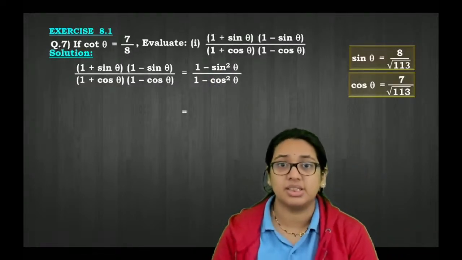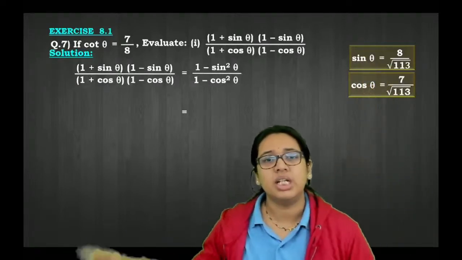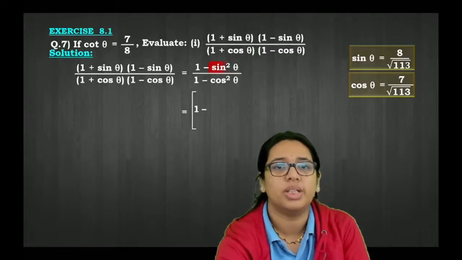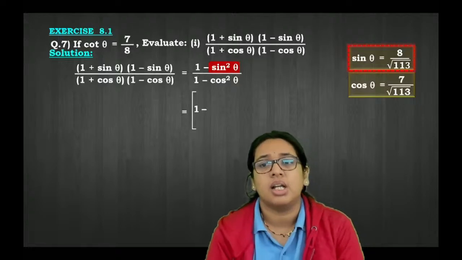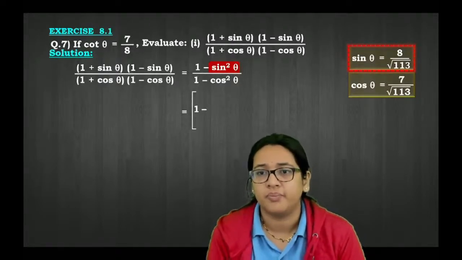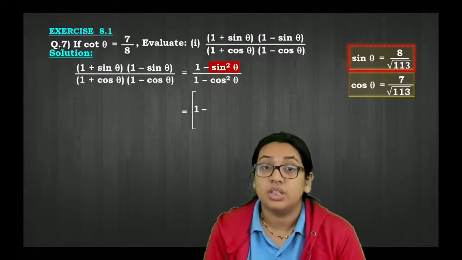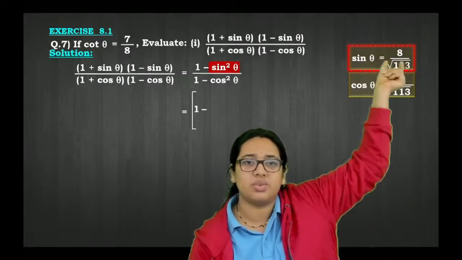So the next case is that अभी आपके पास ये जो sin theta and cos theta के values है, ये बस आपको करने हैं इसमें put. So we can write this as 1 minus sin square theta. Sin theta आपके पास था 8 upon root 113. करेक्ट? समझ में आ रहा है? क्लियर हो रहा है? तो फिर sin square theta is nothing but we'll just put this value here.